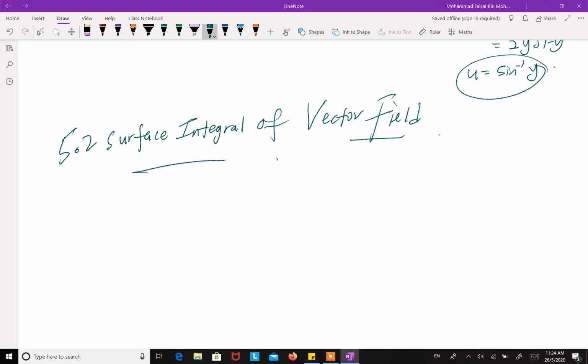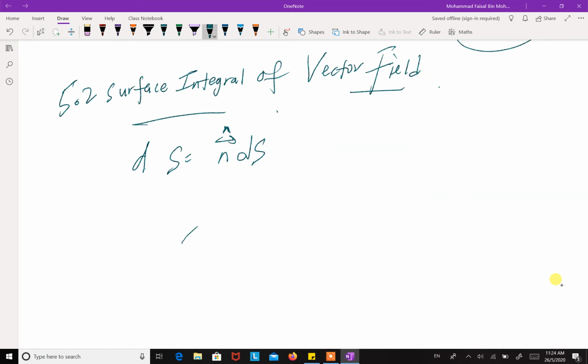For a general surface sigma in space, each element of the surface has a vector area dS such that dS equals n cap dS, which means normal. Let's say we have a surface under a certain domain sigma, so we have a surface element dS, and its normal to the surface will be the n.